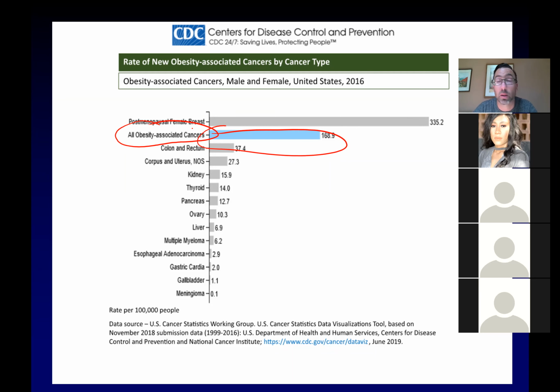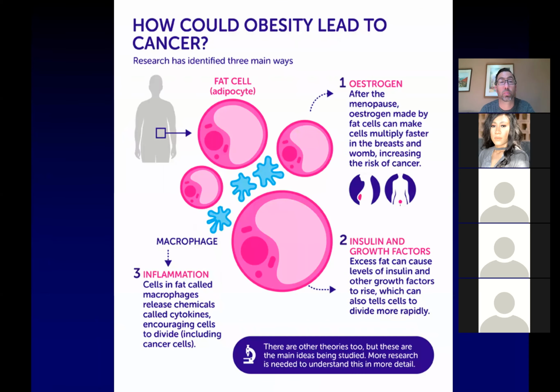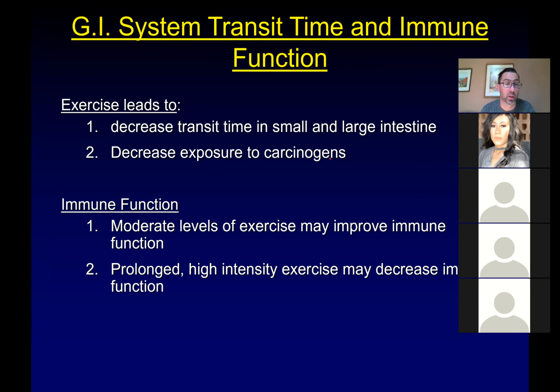So there's something about being obese and having a lack of estrogen. But all obesity-related cancers, right? We're at about 170 per 100,000 people if you look at some of these. Okay, and so that's a big deal. Obesity, much like smoking, are the two big causes that are going to get in there.